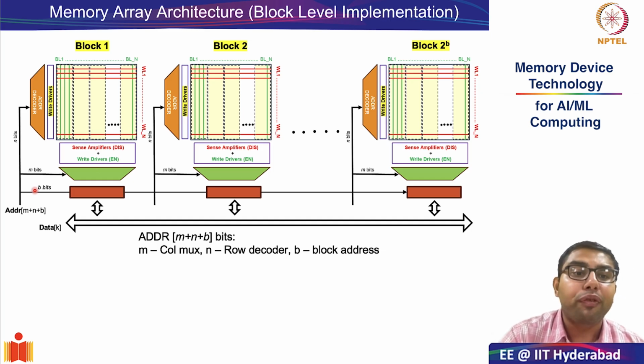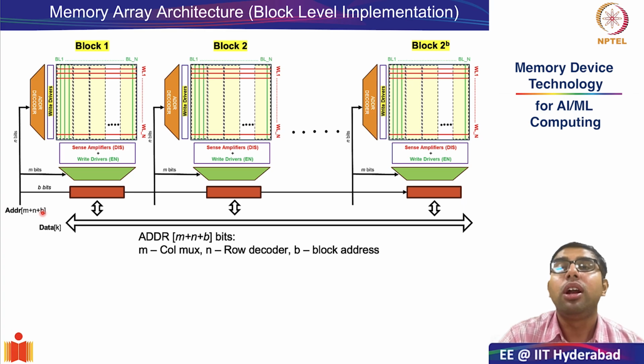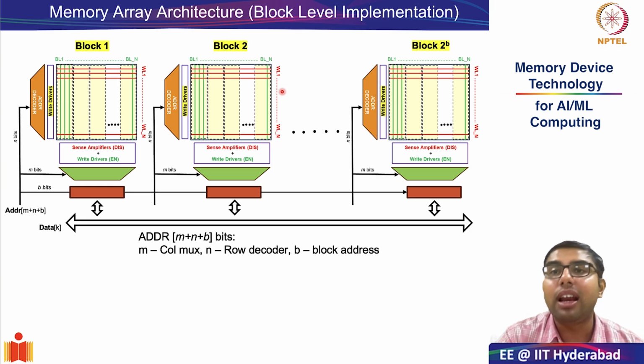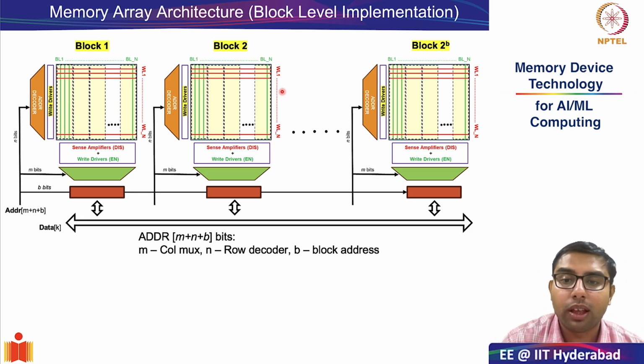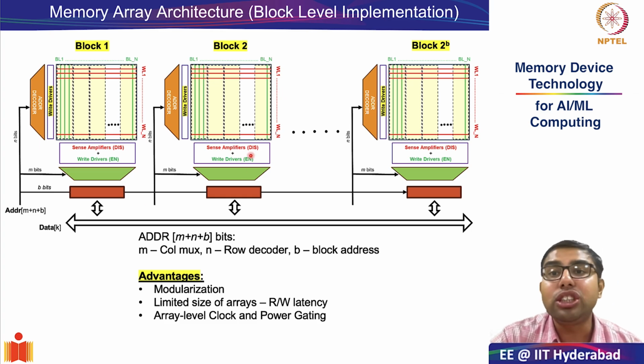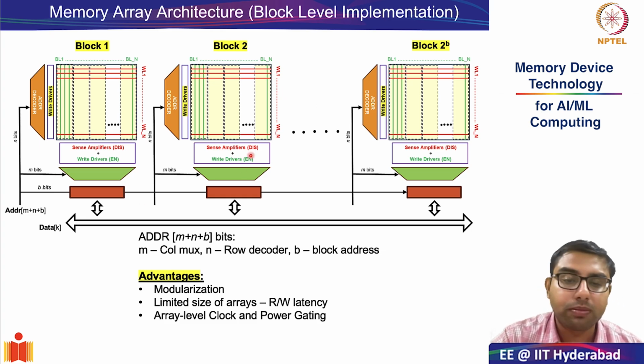So if b was considered to be equal to 3, we can say 2 to the power of 3 is 8 blocks. And the digital combination of b bits will tell the k bits are coming out from which relevant block. What is the key advantage of implementing this block level design?